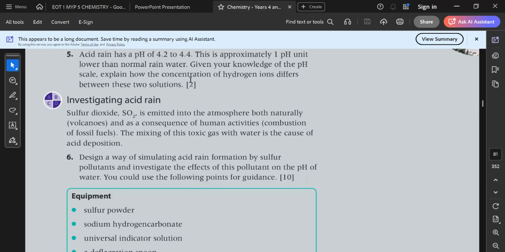Normally, they can give you a statement and they say, evaluate it. Evaluate means is it right or is it wrong, basing on the data they have given you. That data normally is in a table or it can be in a graph form. And they will ask you to evaluate, to make a statement, whether it's right or it is wrong.